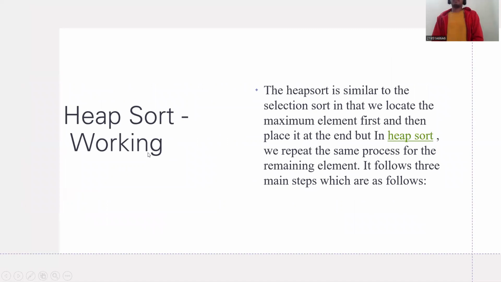Heap sort working. Heap sort is similar to selection sort in that we locate the maximum element first and then place it at the end. But in heap sort, we repeat the same process for the remaining elements. It follows three main steps.